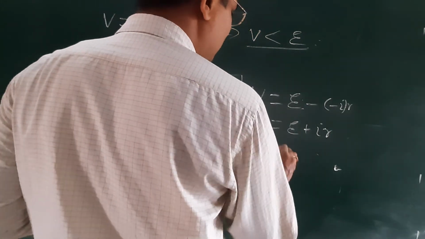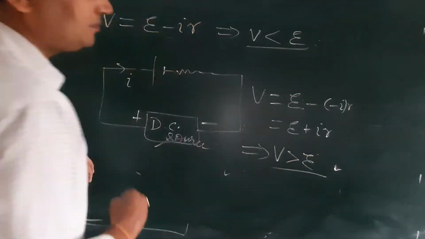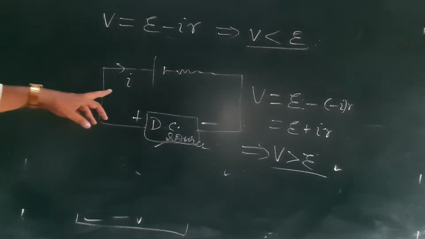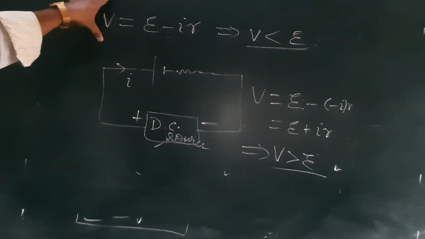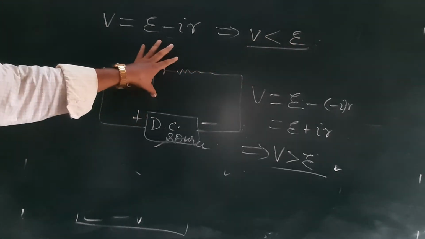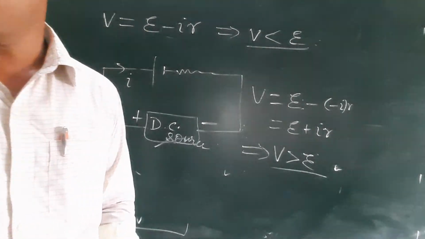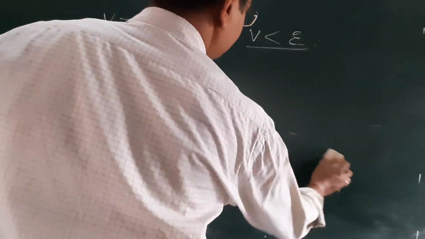From this, what you are concluding? You are concluding that terminal potential difference becomes greater than EMF of the cell when the cell is being charged. When it is discharging, terminal potential difference is less than EMF, and when it is being charged, terminal potential difference is more than EMF of the cell. Now, one thing more.